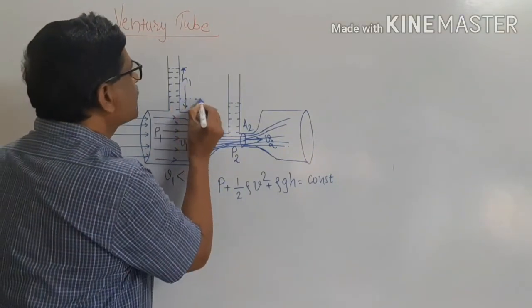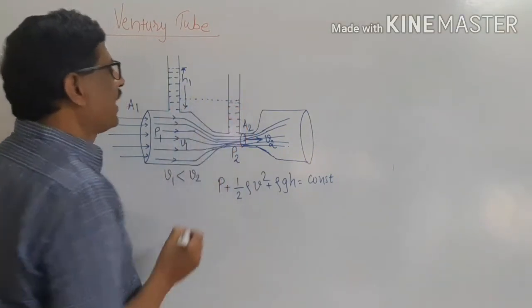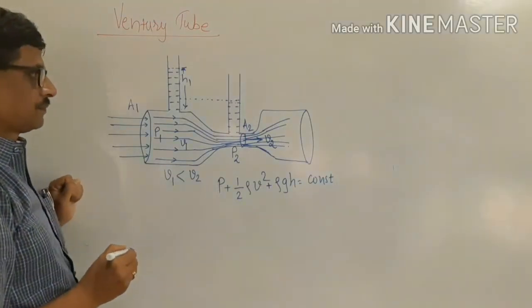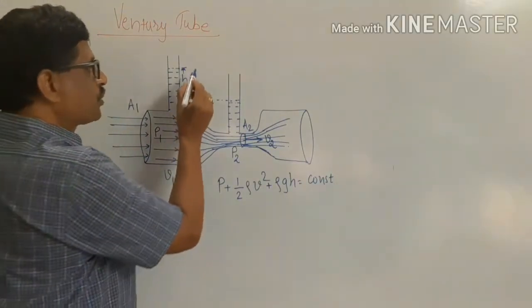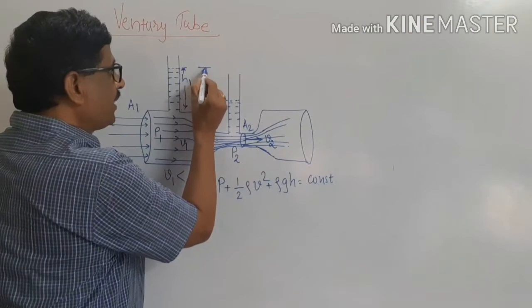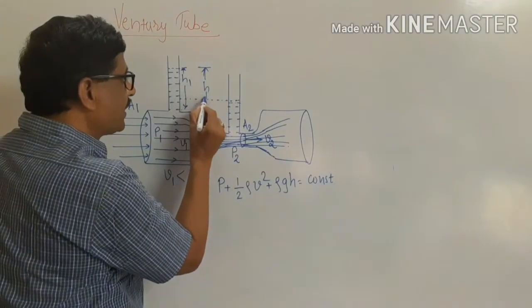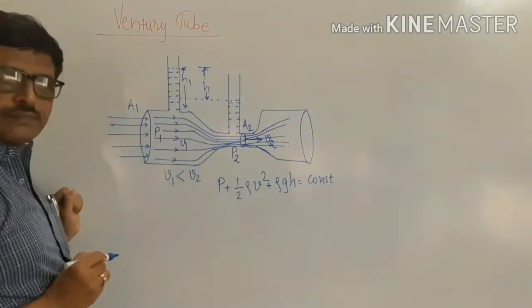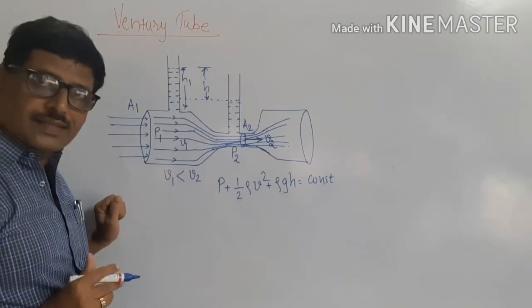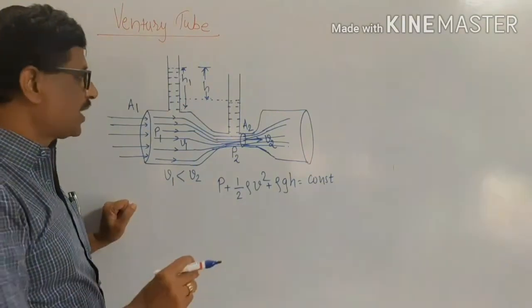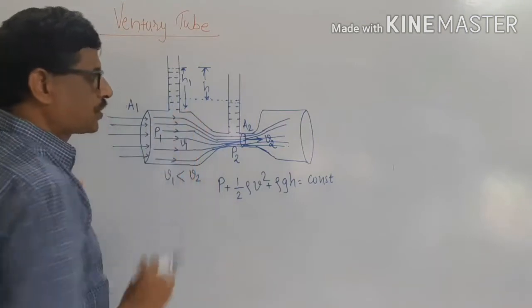Now, the difference of the level of the liquid between these two tubes, let it be equal to H.